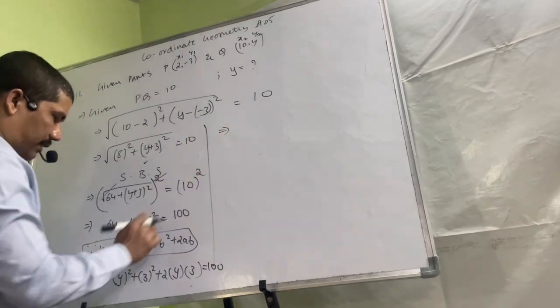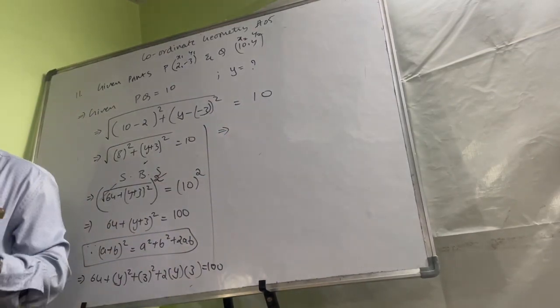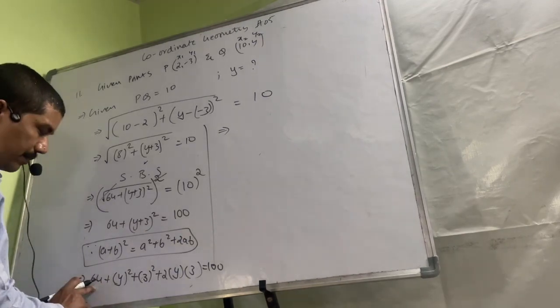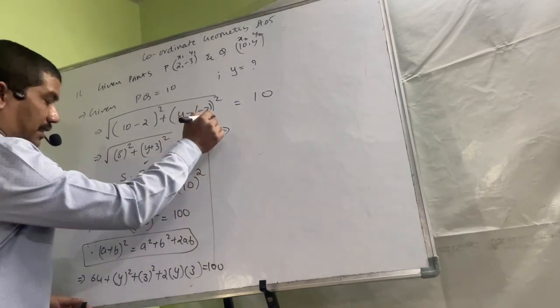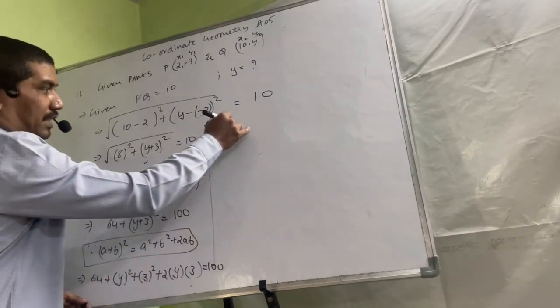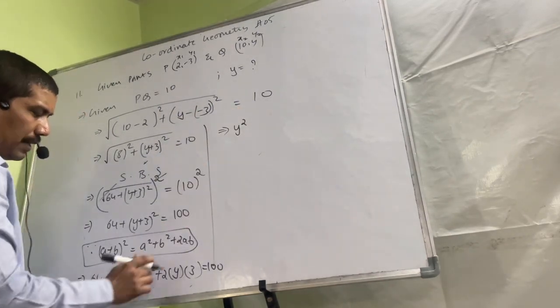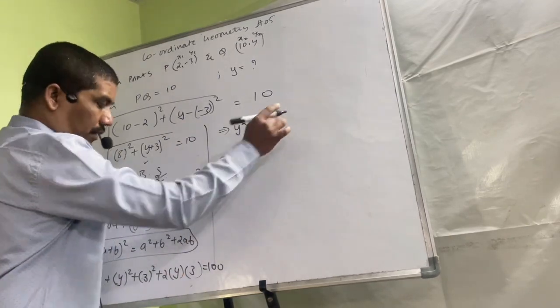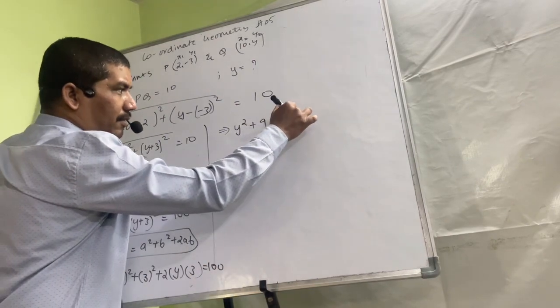Now solve it. Again we may have to do factorization. So listen once again carefully. Yesterday also we did it, today also listen, you'll get some more concept. Let's see, 64 as it is. Let us write y square first, plus 3 square, how much? 9, plus 2 times 3 is 6y.